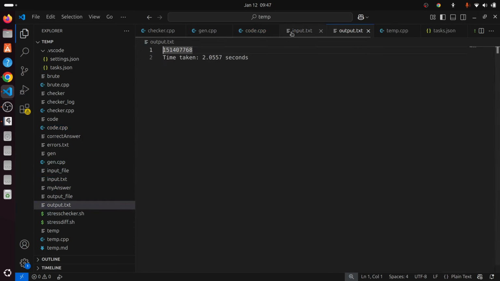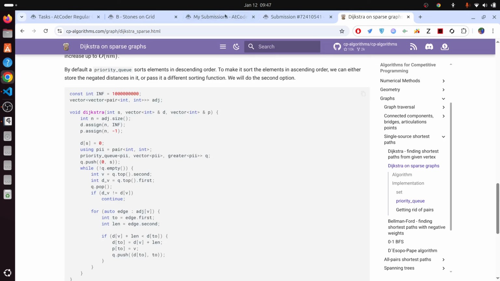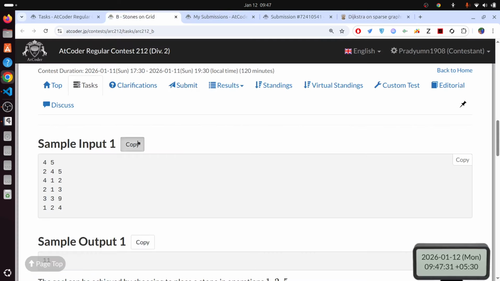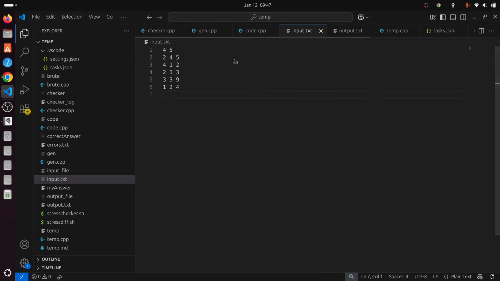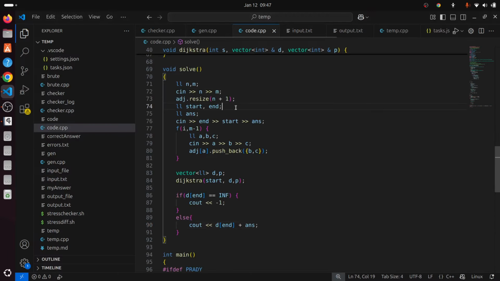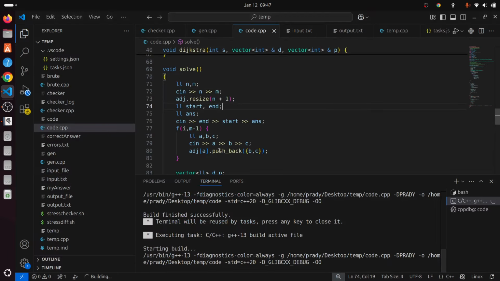So in my input.txt, I will add the input. And I'll run the code.cpp.